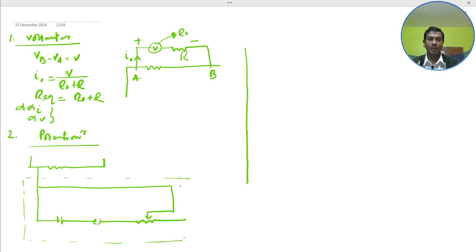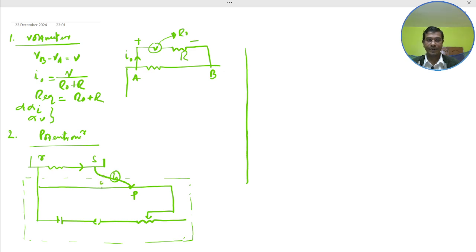This is R and S. This point is from P through the galvanometer.